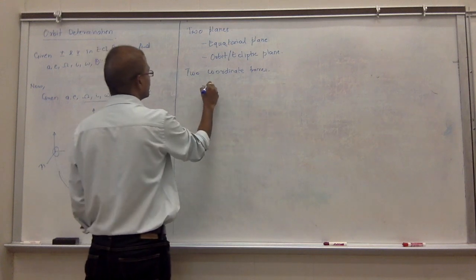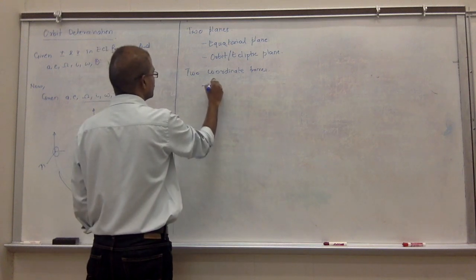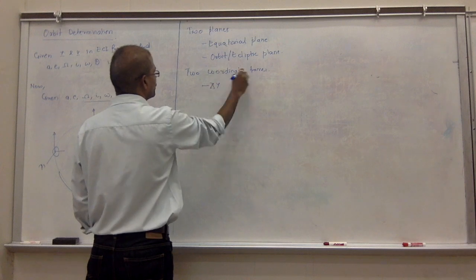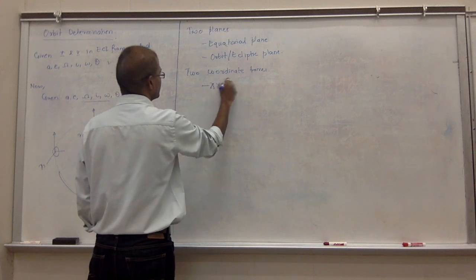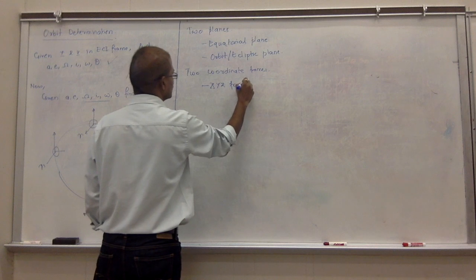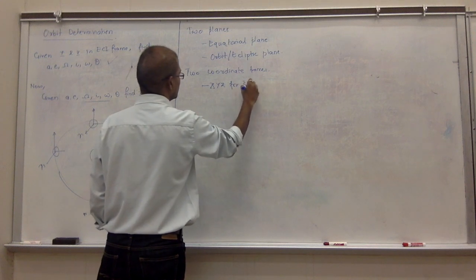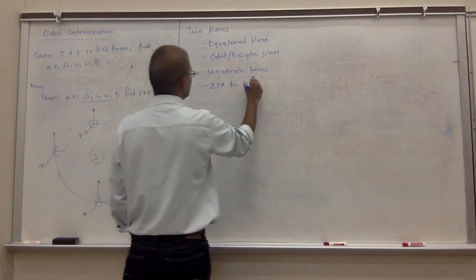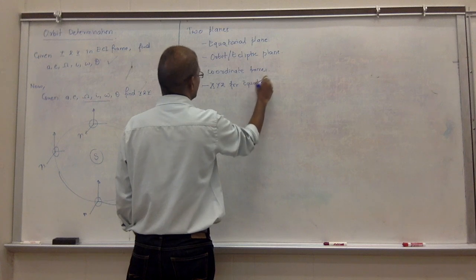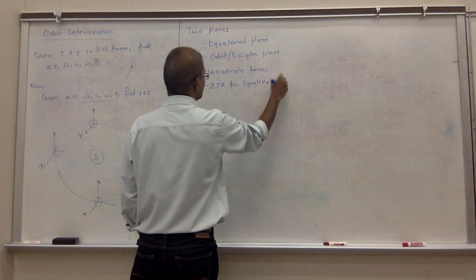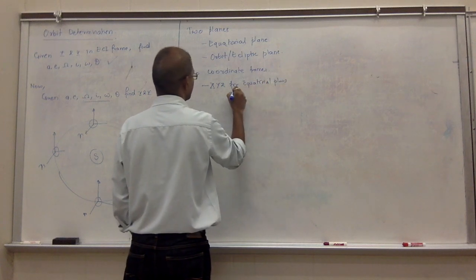So you define x, y, z directions to define that coordinate frame. X, y, z for the equatorial plane. Okay.